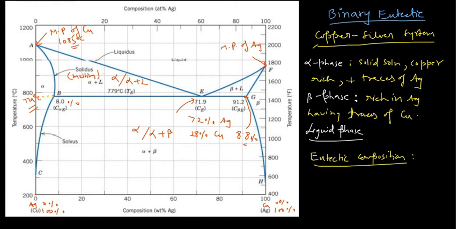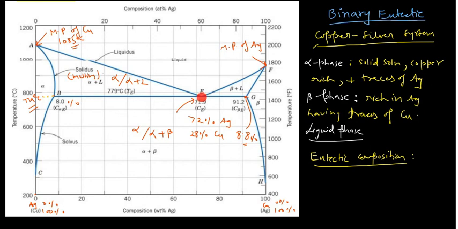And alternatively the same can be said for silver also. On adding copper to the silver, the melting point of the silver gets lowered. And finally these meet at this point E, which is the eutectic composition or eutectic system.